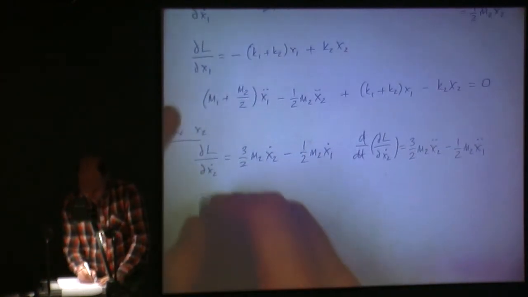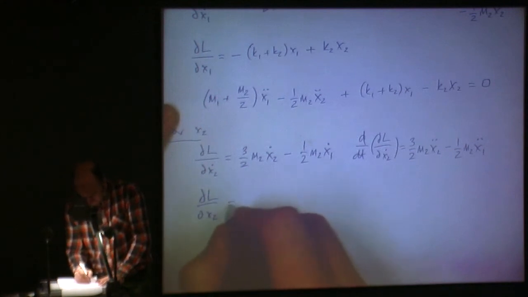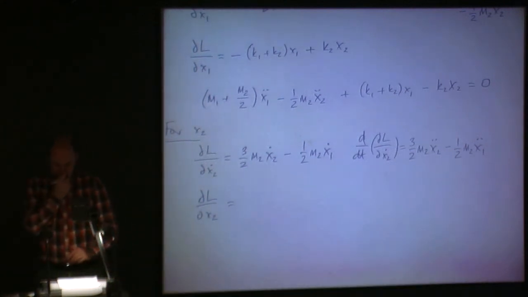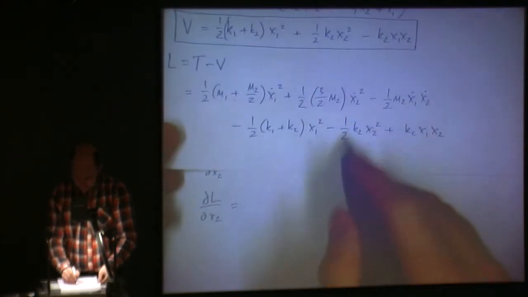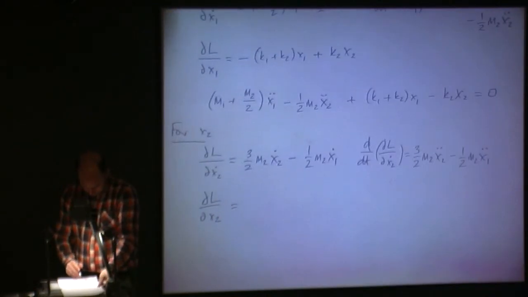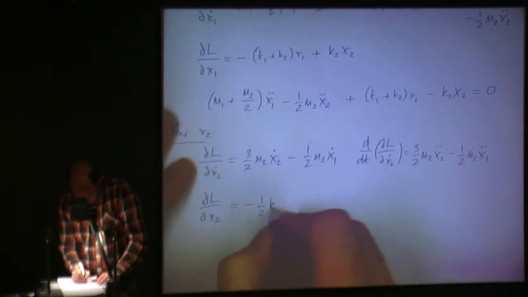And then I have to take the partial derivative there with respect to x2. And so I've only got the terms with x2 in, which is this one and this one. So I've got minus 1/2 k2 x2. That disappears.